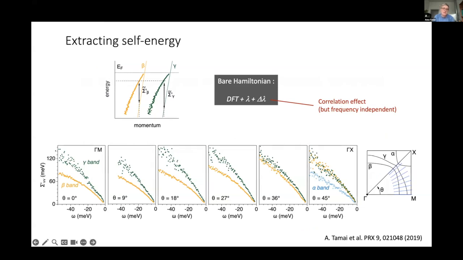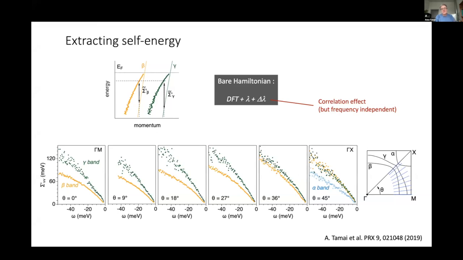You see that the self-energy is quite different between the gamma and the beta band along the gamma M direction. The real part of the self-energy is much higher for the gamma band. And as you move towards the diagonal, the two become quite the same.